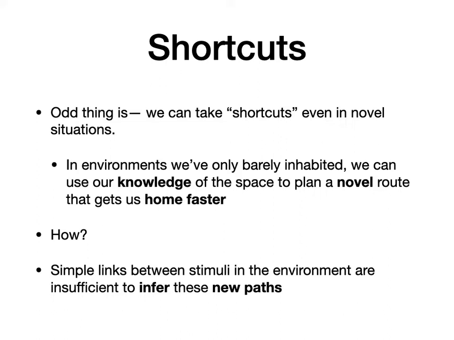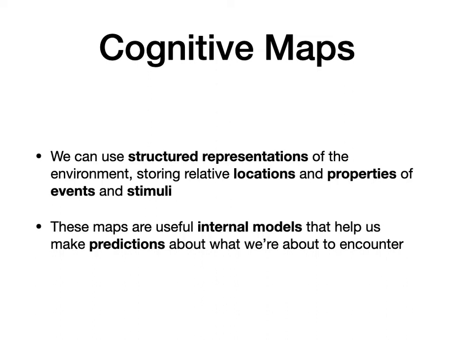How are we able to build that representation, that representative understanding of the world around us? Because just looking at things that are in the environment and things that we've experienced directly, it's not really enough to infer something new. This is where the idea of cognitive maps comes in.